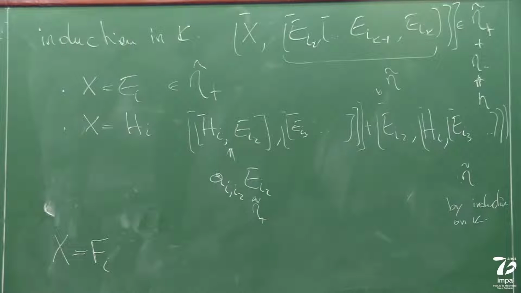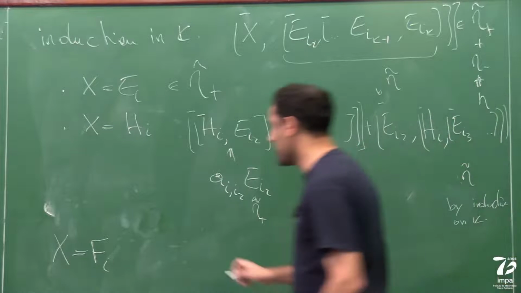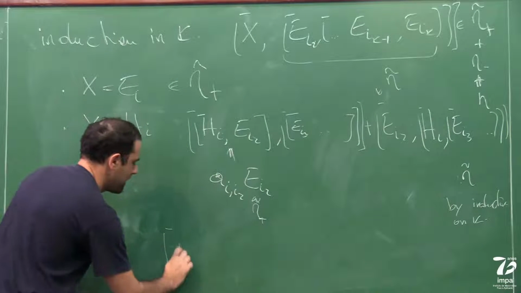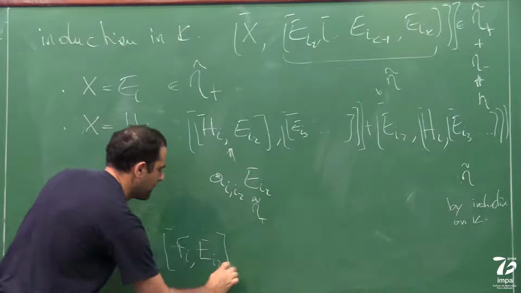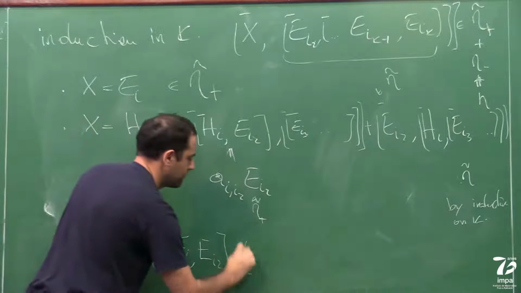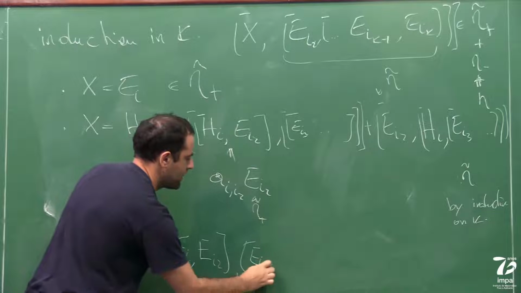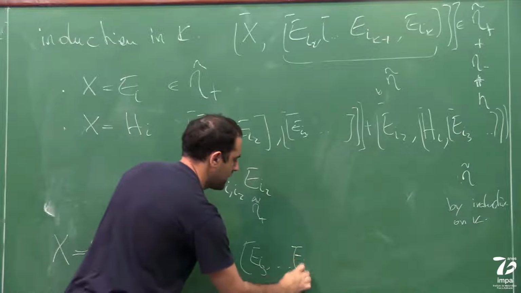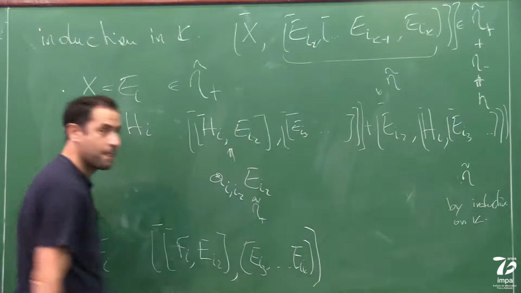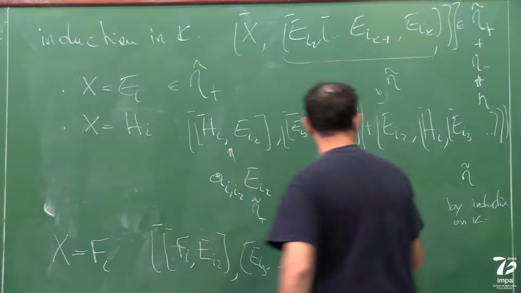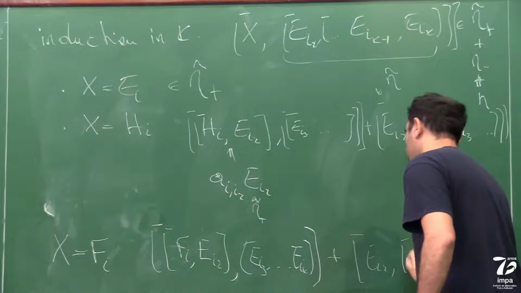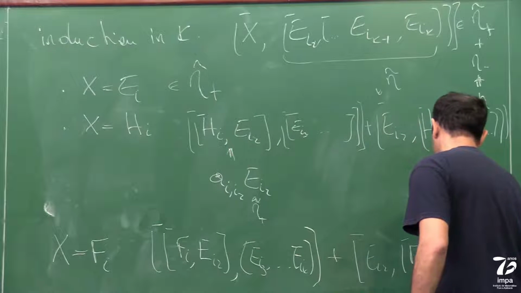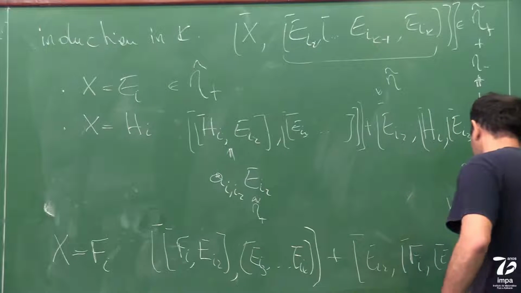So if x is equal to fi, I'm still going to use the Jacobi identity, and I'm going to get fi bracket ei2 bracket the rest, ei3 up to eik, plus ei2, and then I'm going to have fi bracket all of the other guys.